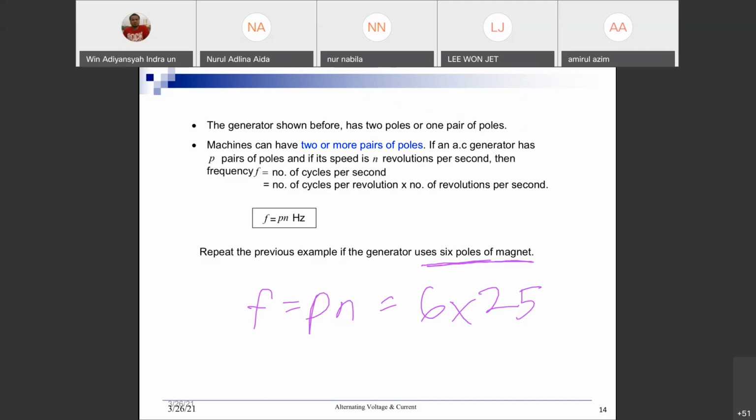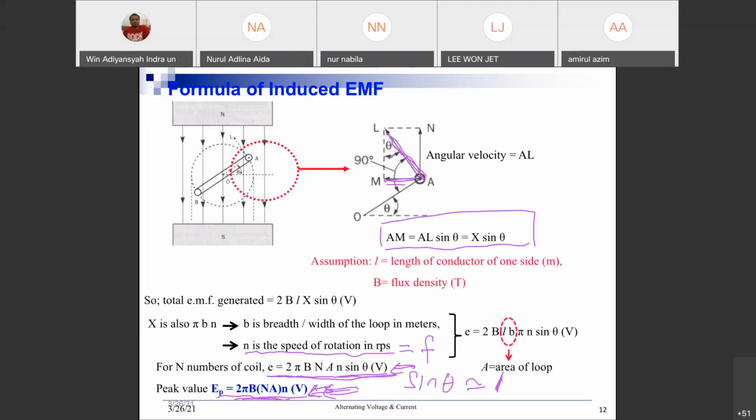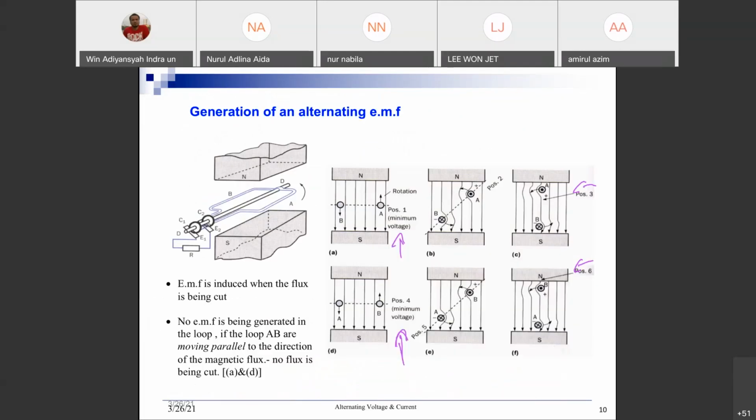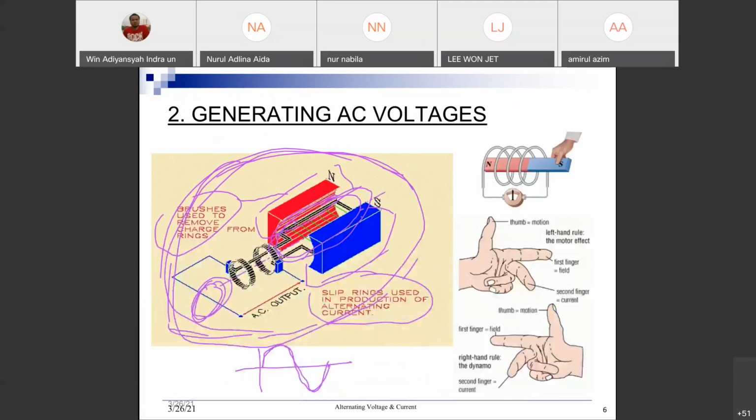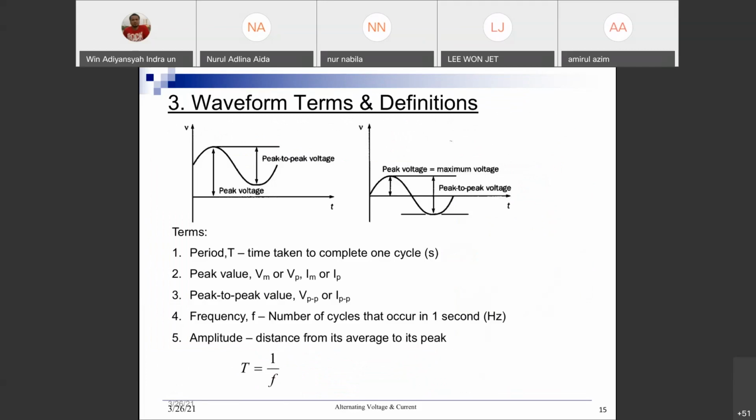It depends on the question. Here is one pole. So usually it is one pole, but if the question asks for more than one pole, the frequency is just n times the number of poles.